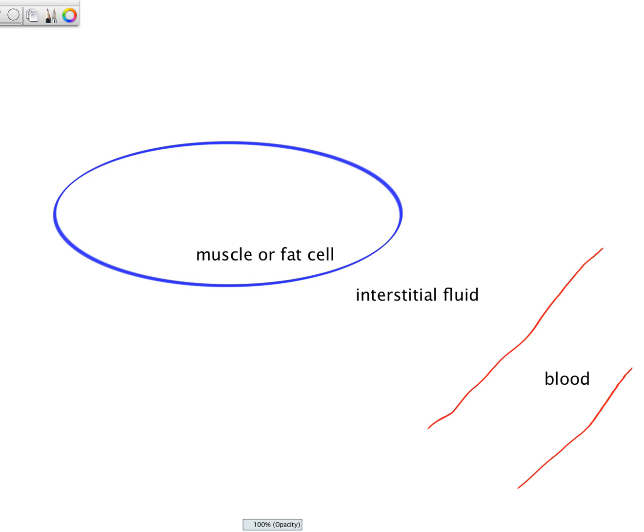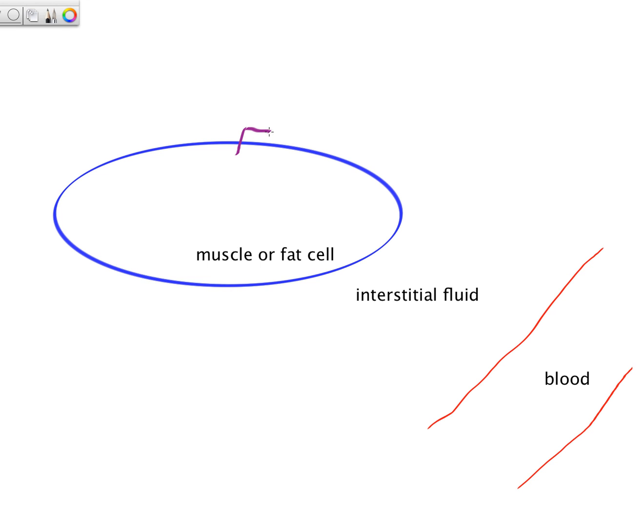So, a muscle cell has a pretty continuous, very continuous uptake of sugar when insulin is not present.